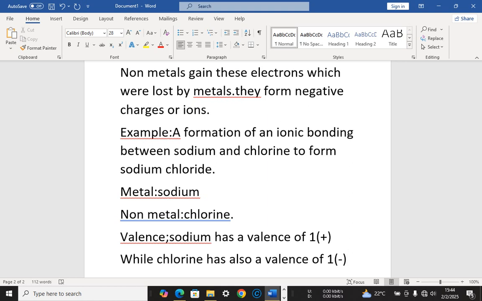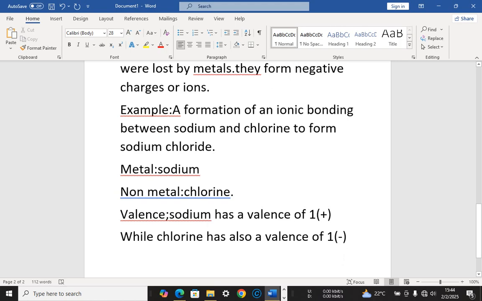So for you to understand this, I'm going to give you a structure, but under this structure of ionic bonding, you should also know their electron configuration. I also made a video on how to determine the electron configuration of different elements.